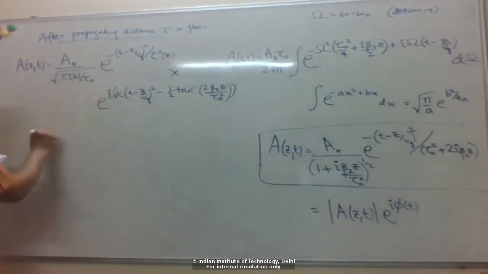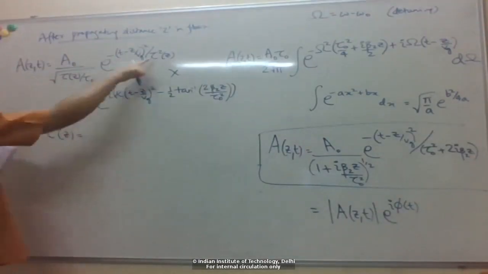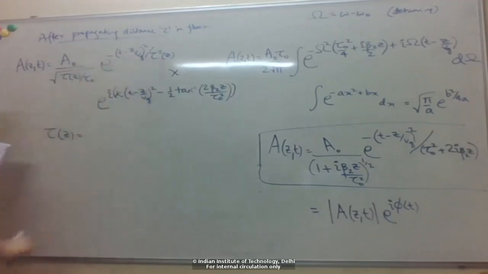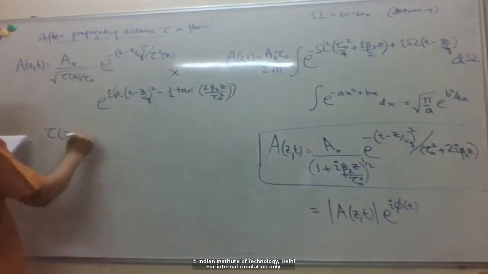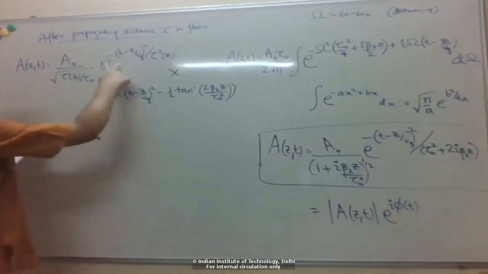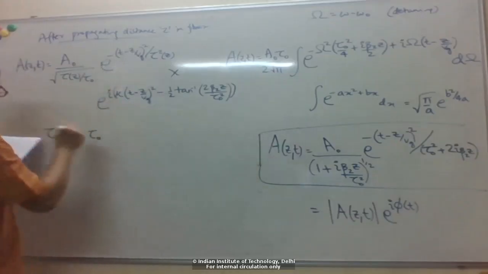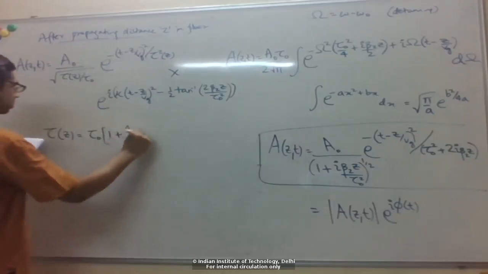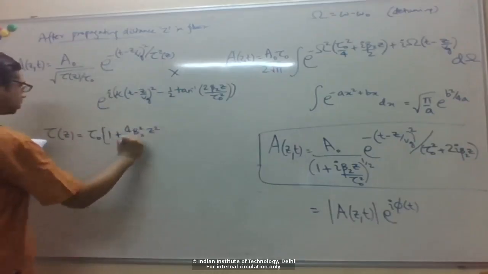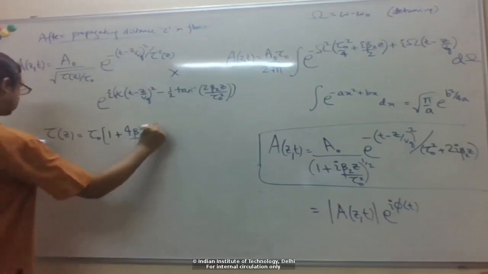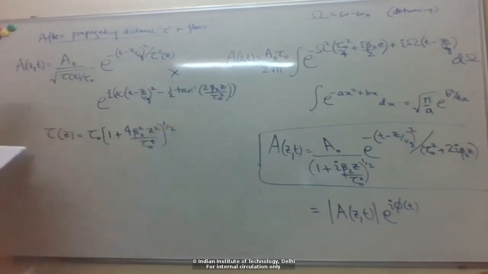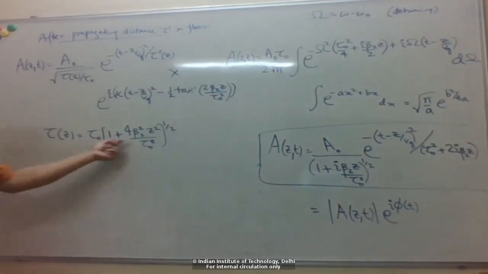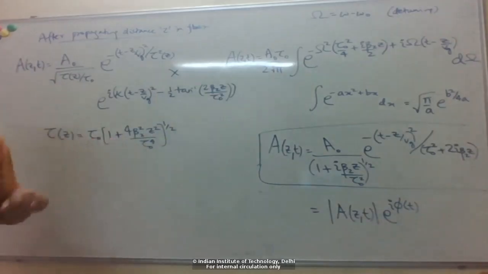Tau z is basically the pulse width at z. You can compare this to that expression and see tau z is something bigger than tau naught, which we started with. So that means the pulse is broadened.